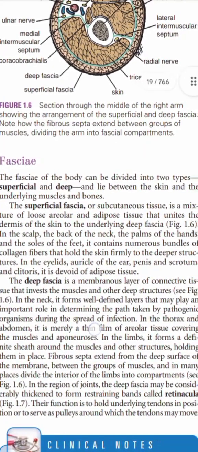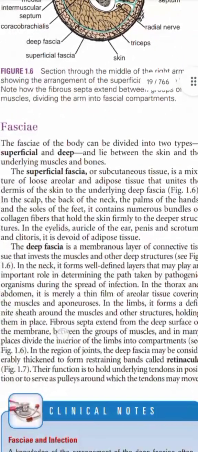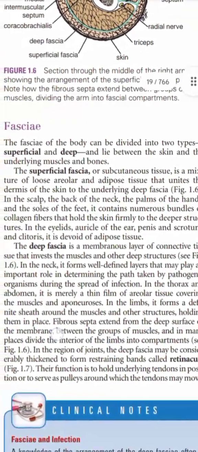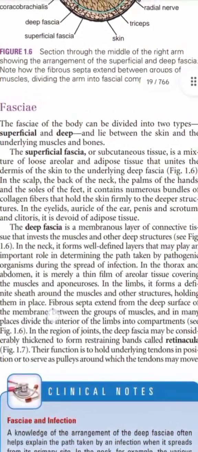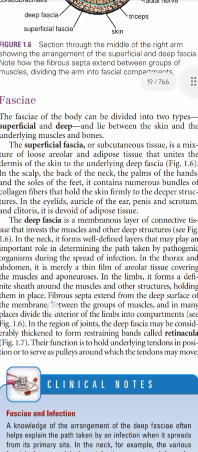In the neck, it forms well-defined layers that may play an important role in determining the path taken by pathogenic organisms during the spread of infection. In the thorax and abdomen, it is merely a thin film of cellular tissue covering the muscle aponeuroses.